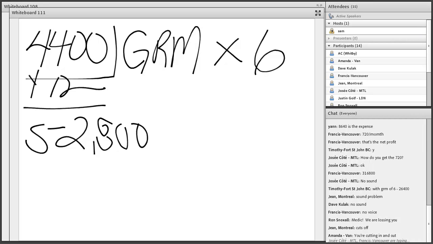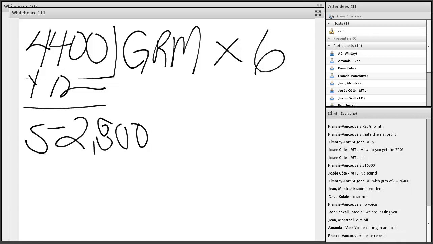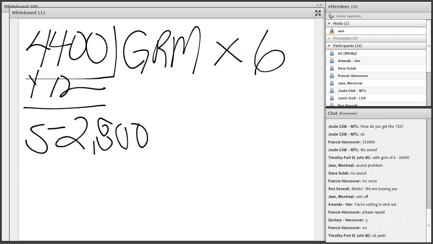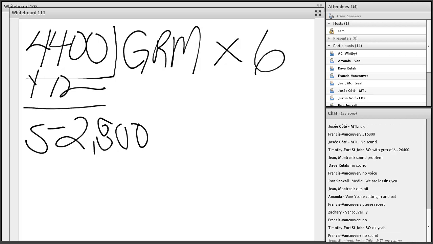Everybody got that? Okay. So 52,800 is the gross rent per year. Everybody's clear on that, right? 4,400 is the monthly rent.